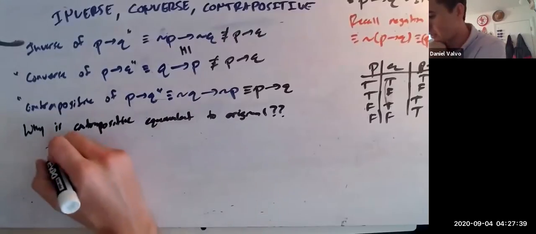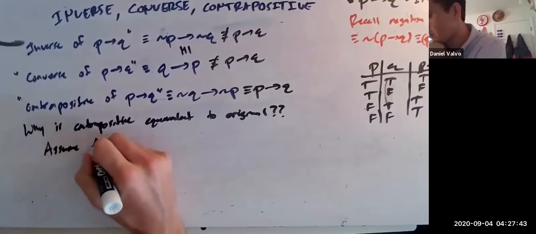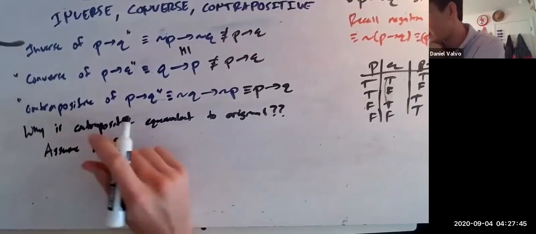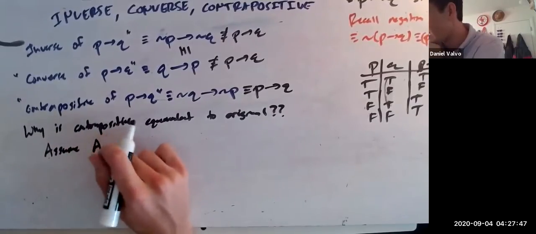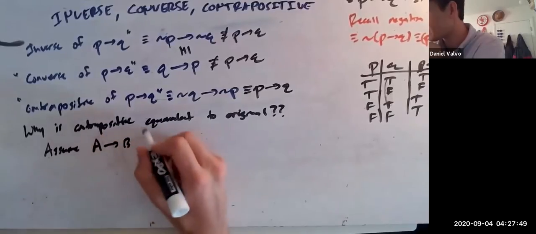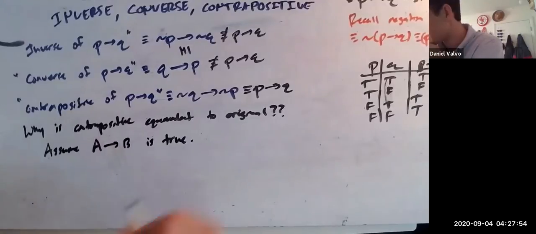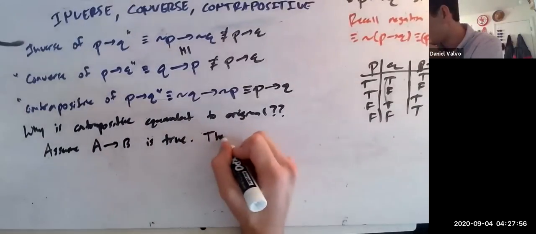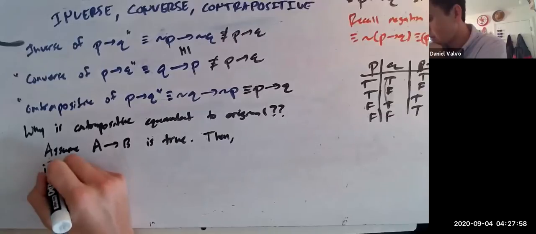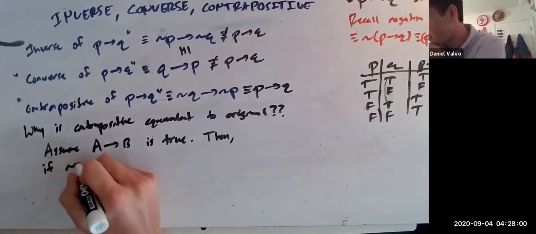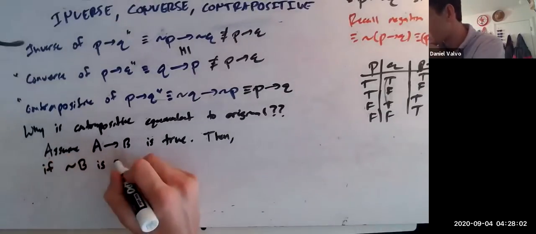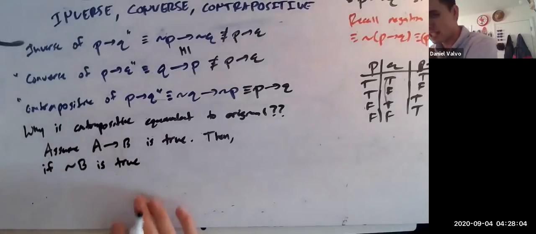Well, think about this. Assume A implies B is true. Then, if not B is true, let's think about this.